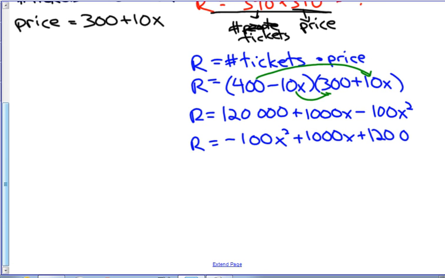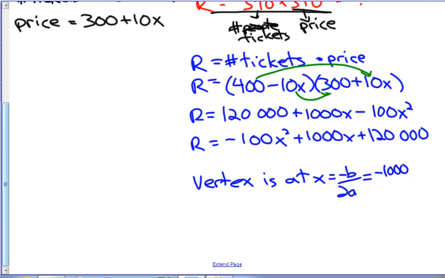Now I'm looking for the vertex. Okay, the x-coordinate of the vertex is at negative b over 2a, or negative 1,000 over 2 times negative 100. In other words, 5.